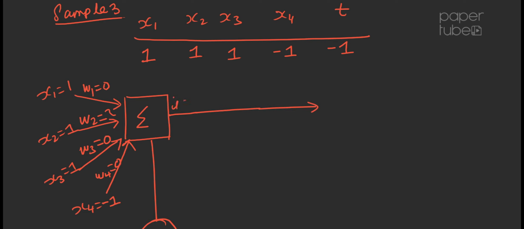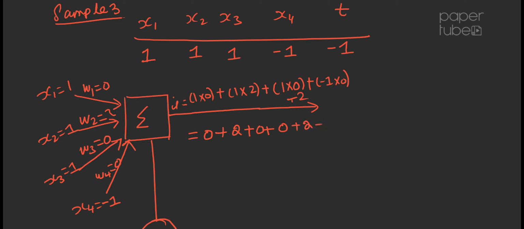So our net input will be equal to 1 multiplied by 0 plus 1 multiplied by 2 plus 1 multiplied by 0 plus -1 multiplied by 0, plus your bias value of 2, so that should give 0 plus 2 plus 0 plus 0 plus 2, that makes 4.